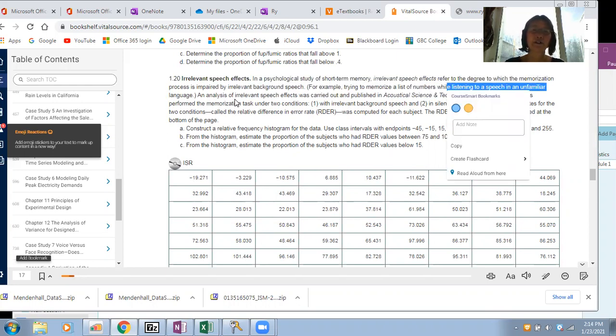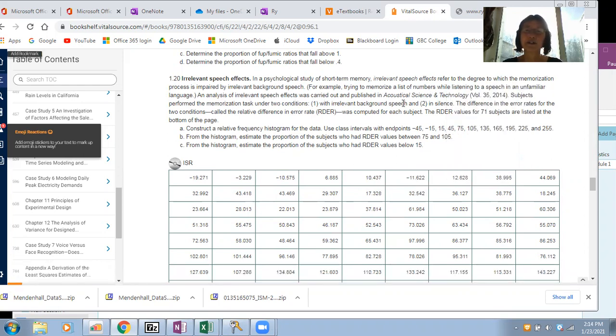An analysis of irrelevant speech effects was carried out and published in Statistical Science of Technology. Subjects performed the memorization task under 2 conditions: 1, with irrelevant background speech, and 2, in silence.